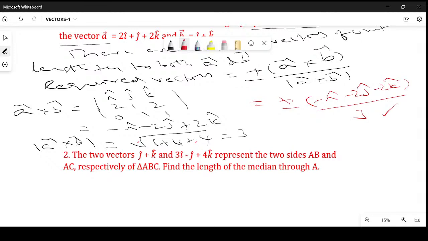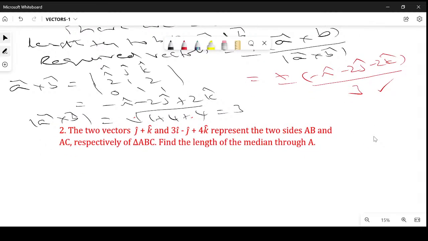There are two such vectors of unit length perpendicular to both a bar and b bar. We get plus or minus, two vectors. So that is the required answer. I hope you understood this. Still, if you have doubt, you can ask me, I can explain again.